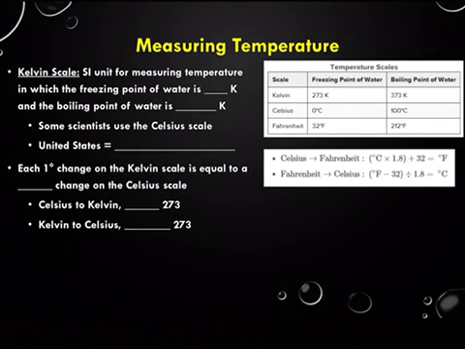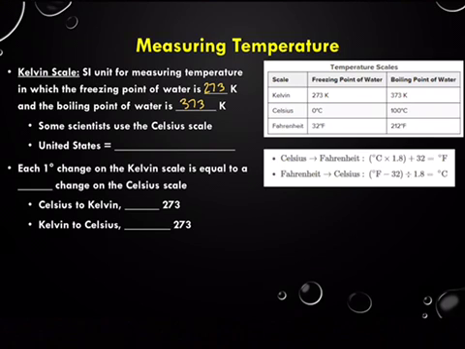So another area where we need to have the same units is when we look at temperature. The Kelvin scale is the SI unit for measuring temperature. The freezing point of water on the Kelvin scale is at 273 Kelvin, and water will boil at 373 Kelvin.